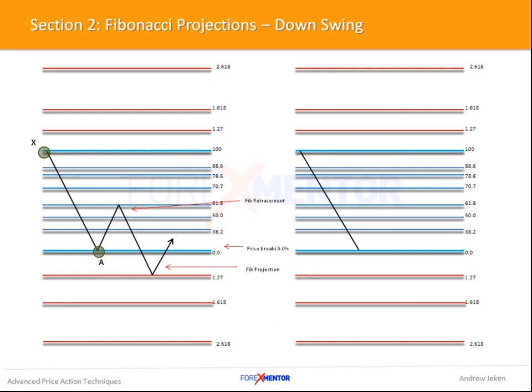On the opposite end, we have the same swing from the high to the low, labeled X to A. Price then retraces to the 62% fib level.